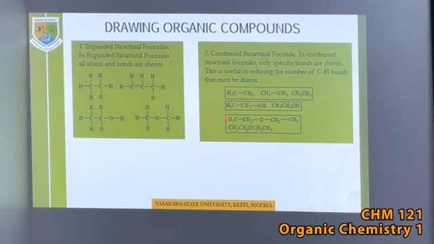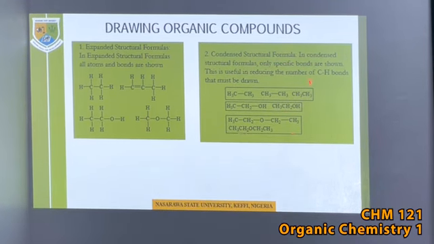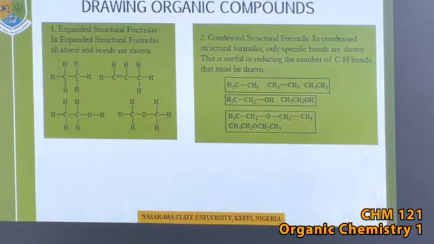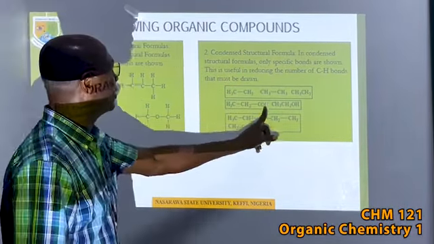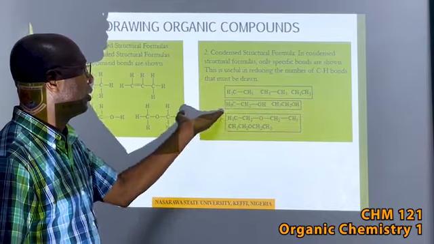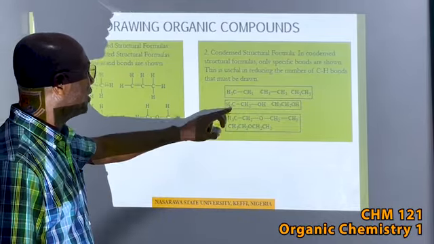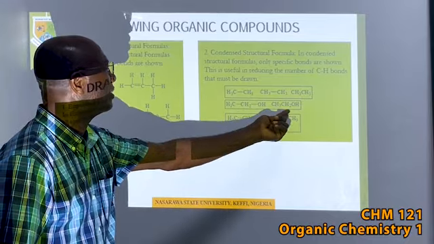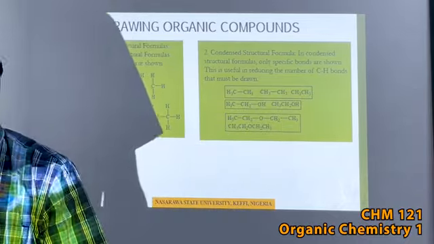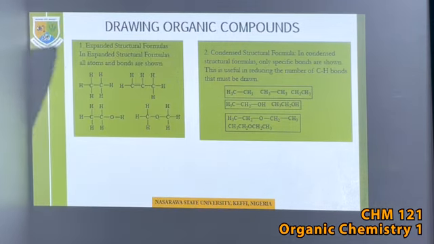We have the condensed structure where we begin to reduce it so that it's quicker to write. And so, for example, you have this, by the way, this is ethanol, okay? And you can see CH3 or H3C dash CH2OH. And we can just put all of that as CH3CH2OH. Okay? All right. So that's the way to represent that structure.